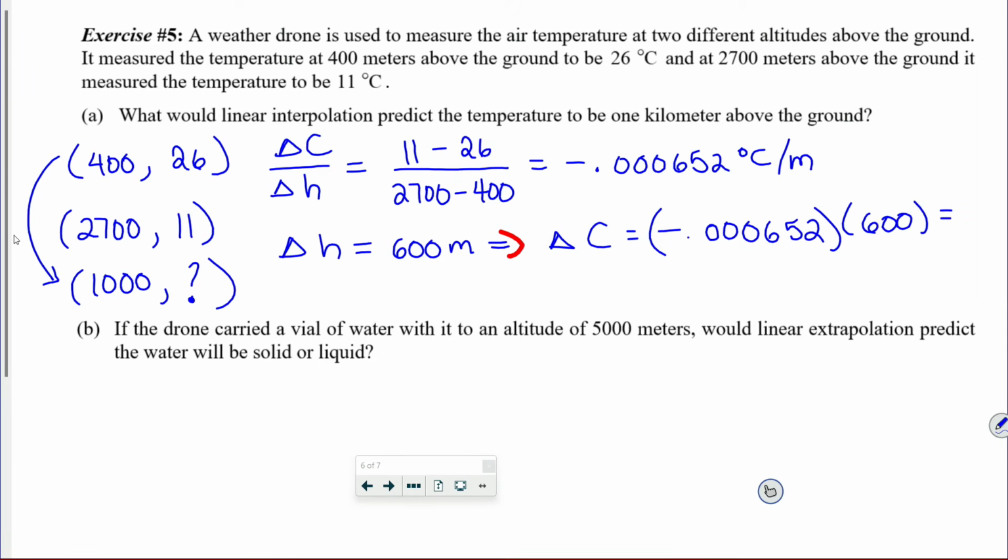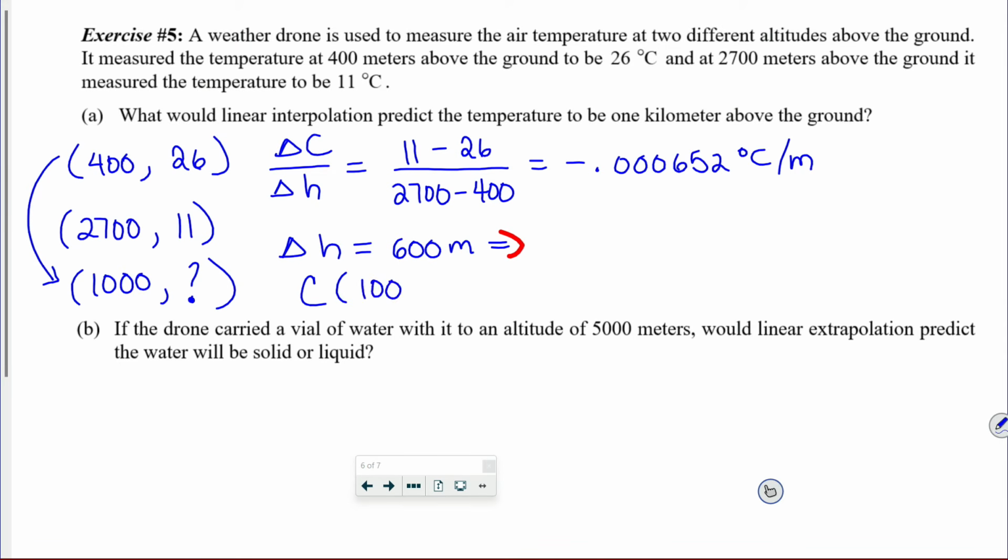And that is going to end up being a change in my temperature of, actually I never figured out my change in temperature there, I just did it all at once. So let's kind of do this. Let's actually do my Celsius temperature at 1,000.